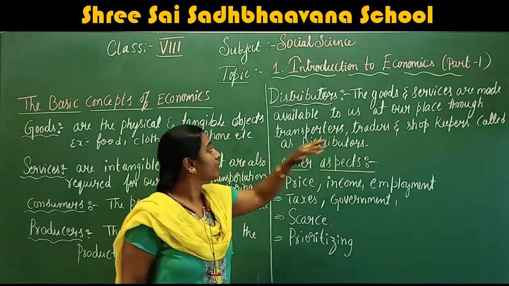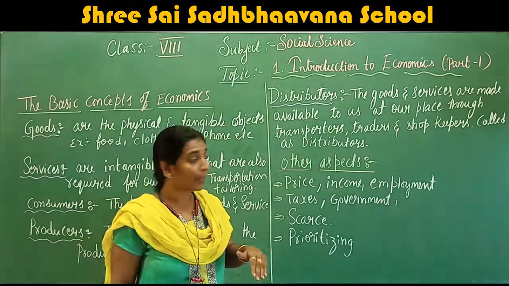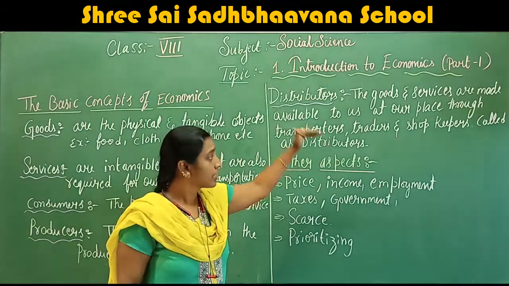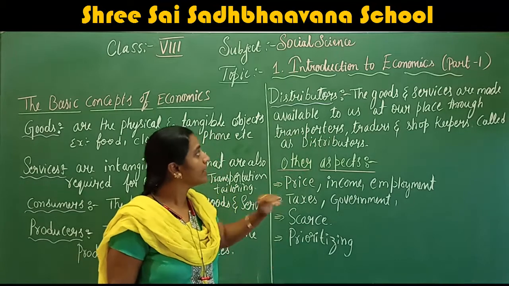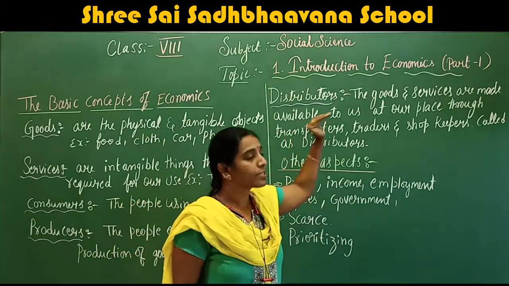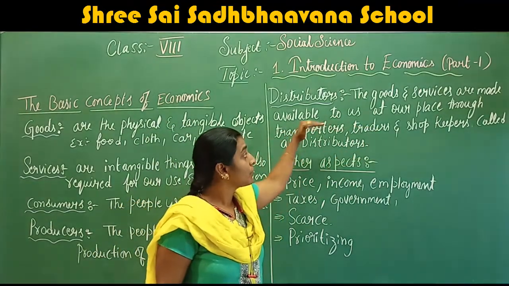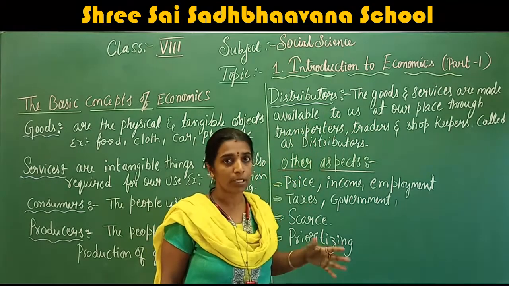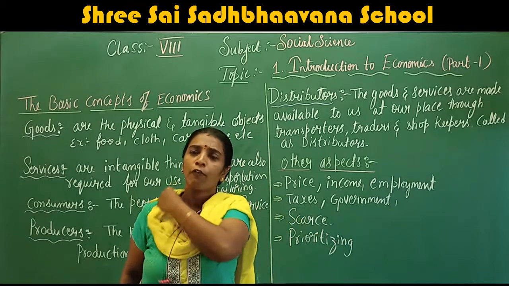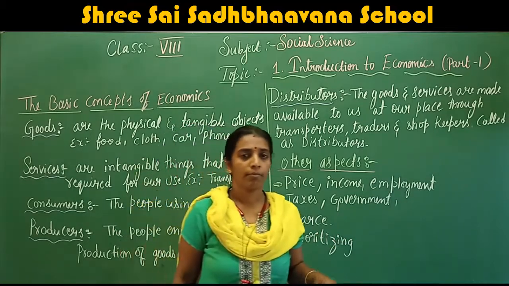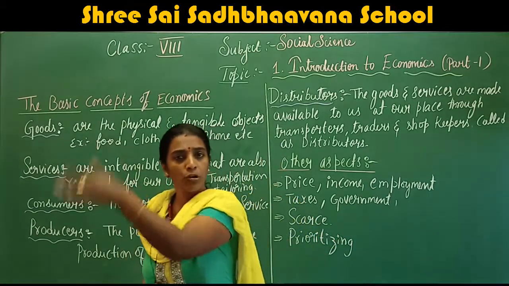The goods and services are made available to us at our place through transporters, traders, and shopkeepers, called distributors. Some goods will be produced far away from us. Will the industries be next to your house?